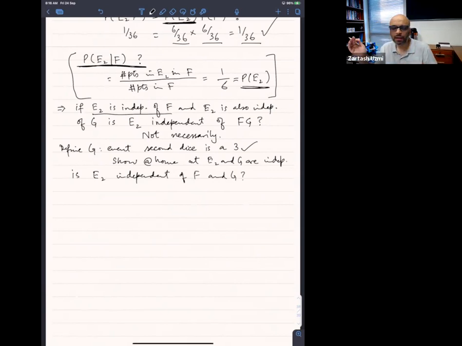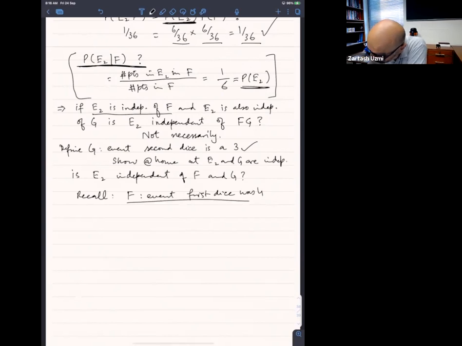Intuitively ऐसे लगता है कि शायद ये ना हो. Why? Because G is the event that the second dice is a 3, F is the event that the first dice is a 4. अगर G और F ये दोनों ही आपको दे दिए तो मैंने फिक्स कर दिए. Recall that F was the event that first dice was 4, and G is the event that second dice is a 3.